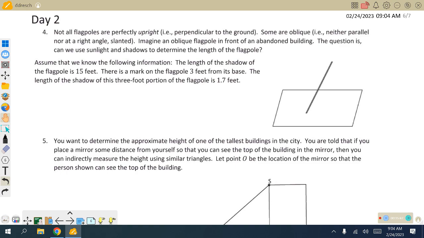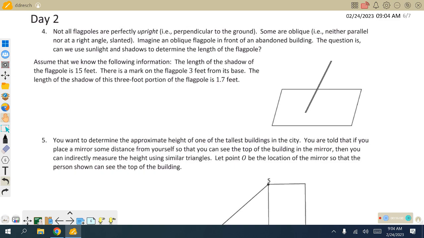There's our flagpole sticking out of the ground. There's a mark on the flagpole, 3 feet from its base. What do we mean by a mark on the flagpole? Think about the tie off on the rope of the flagpole, somewhere about 3 feet up from its base. The length of the shadow of this 3 feet portion is 1.7 feet.